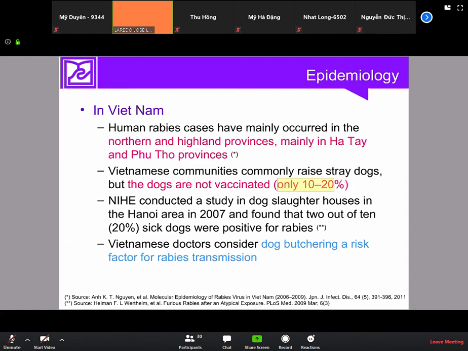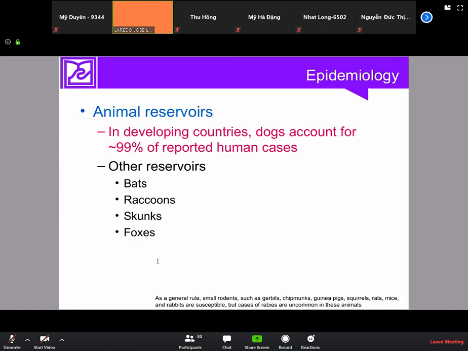And this is very few. Vietnamese doctors also consider that dog butchering or eating is also a risk factor for the transmission of rabies. And this problem happens mostly in the north. So the problem here are the dogs, 99% of human cases.